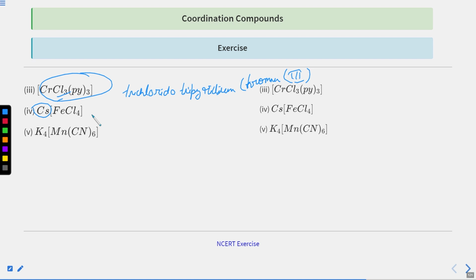What about this? Metal ions come first, so first we write cesium in front of this, then tetrachlorido, after that we have iron. What will be the oxidation state?